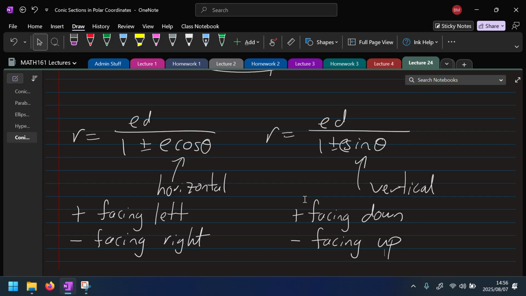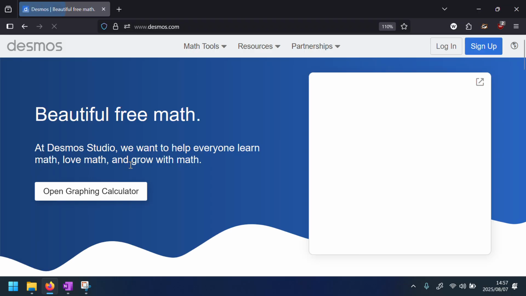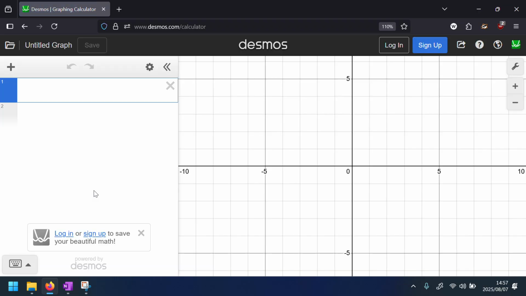No questions. Okay, let's just have a look at a quick example with this. Again, you're familiar with Desmos. So we have r is equal to ed over... Do you want ellipse, parabola, or hyperbola? Ellipse.